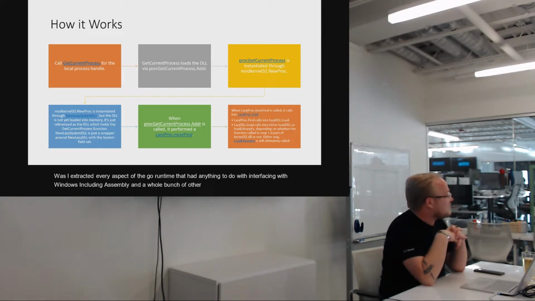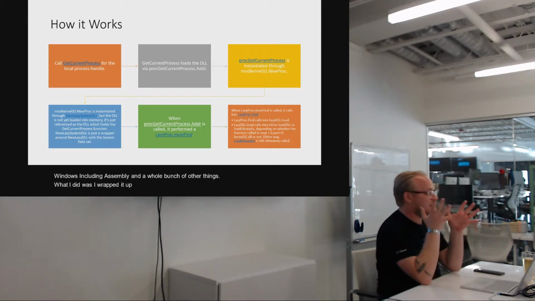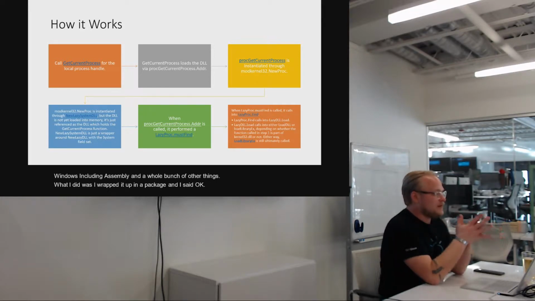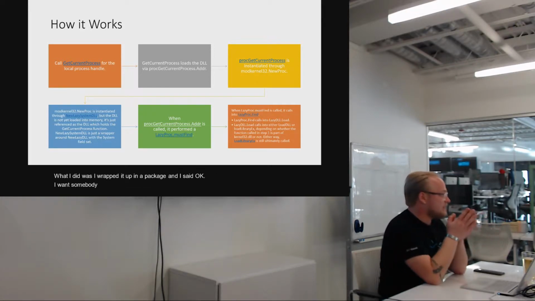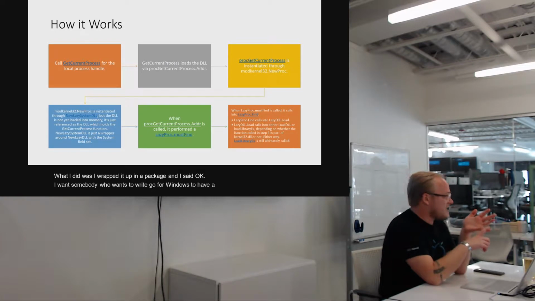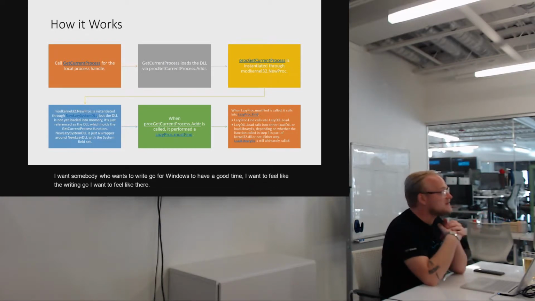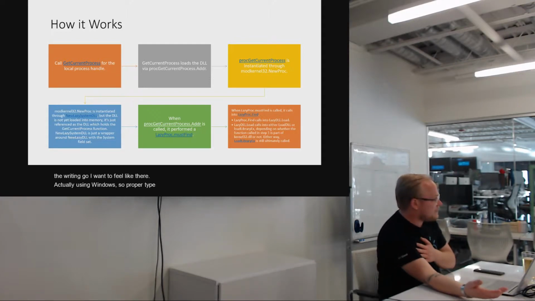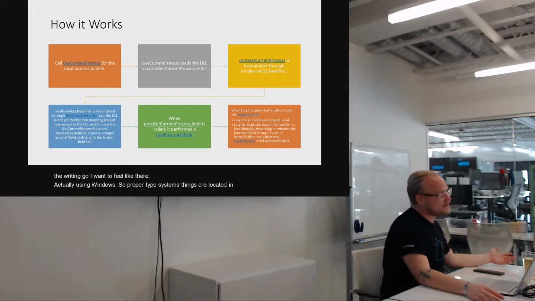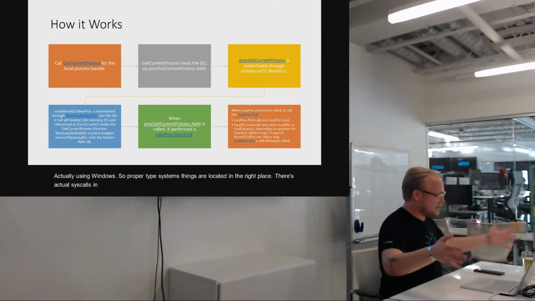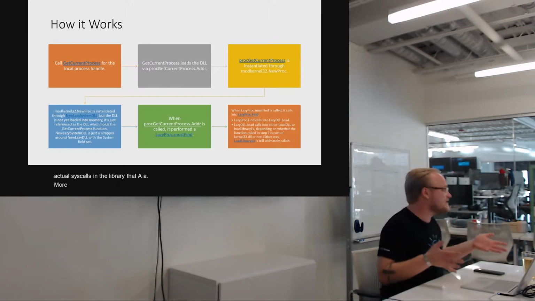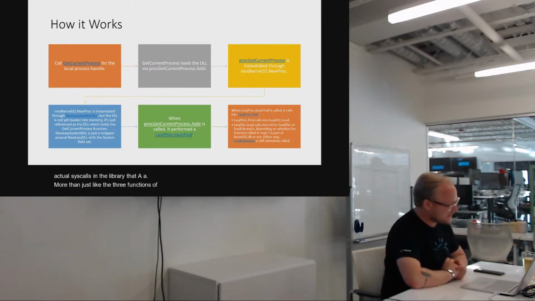And I wrapped it up in a package because I want somebody who wants to write Go for Windows to have a good time. I want it to feel like they're writing Go. I want it to feel like they're actually using it on Windows. So proper type systems, things are located in the right place. There are actual syscalls in the library that are more than just the 3 functions that the standard library supports and things like that.